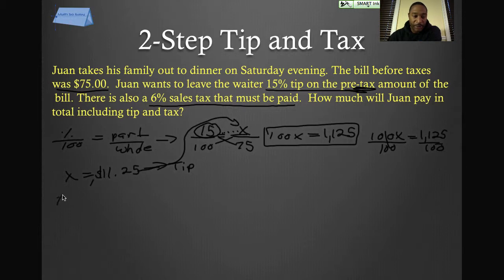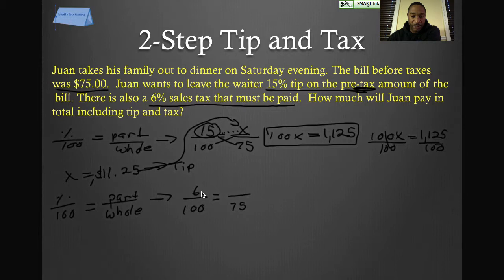Okay, so we got percent over the 100 is equal to the part over the whole. And we know we have our 100, as always. The taxes we have to pay on our original amount of 75, and it's going to be 6%.